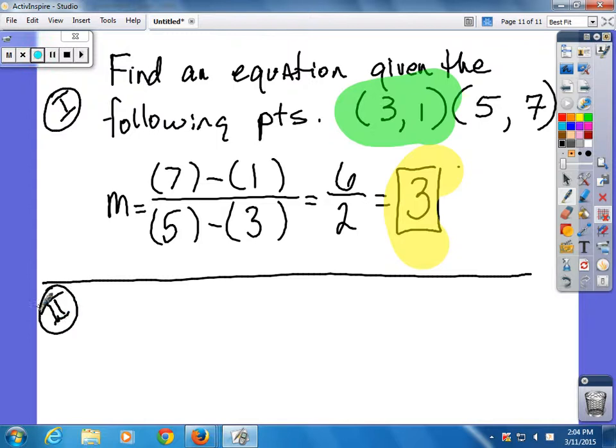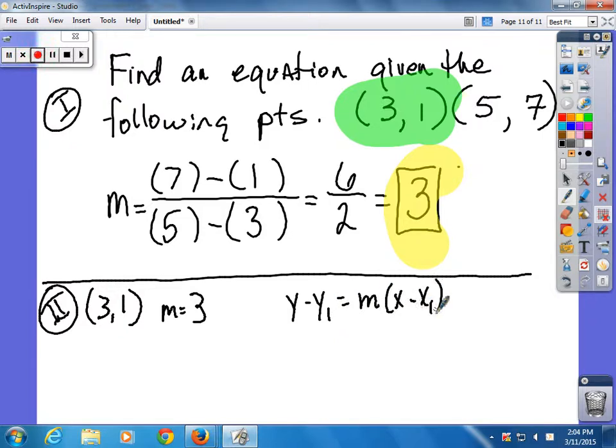I'm just going to rewrite my point, 3 and 1, and the slope is 3. Here's part 2 of the problem, and I just write y minus y sub 1 is equal to m times x minus x sub 1. Before we start, I'm going to ask you to read this from left to right and tell me what these 2 numbers are.